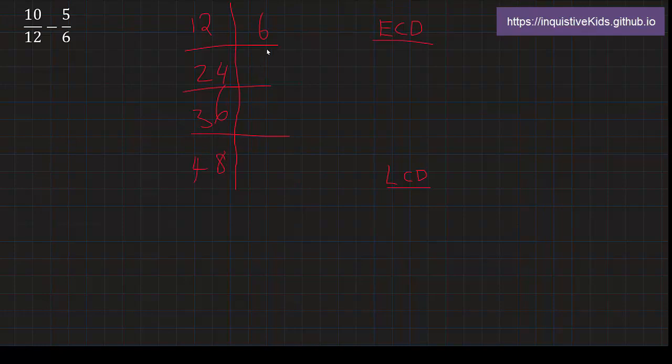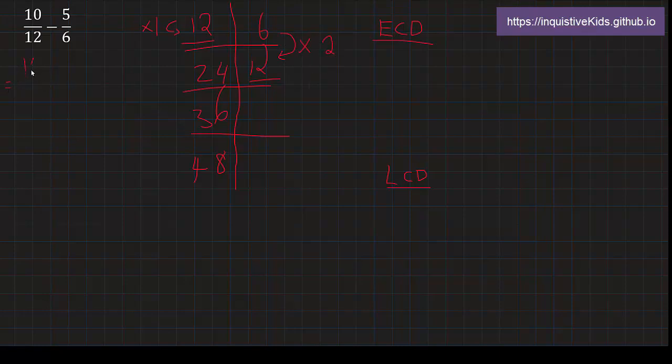In 6, we have 12. Over here, we already have a 12. So on this side, we don't have to change anything because we multiplied a 1 to get from 12 to 12. But over here, we do have to change something. We multiplied a 2 to get from 6 to 12.